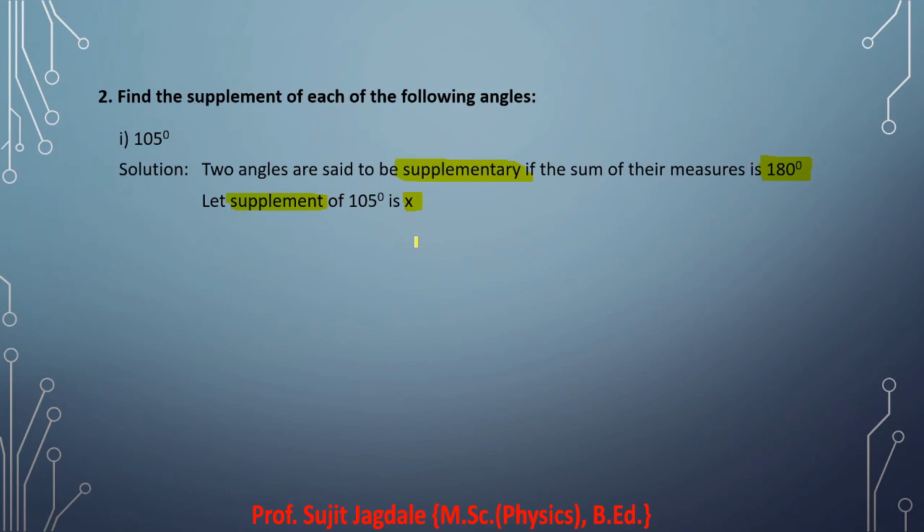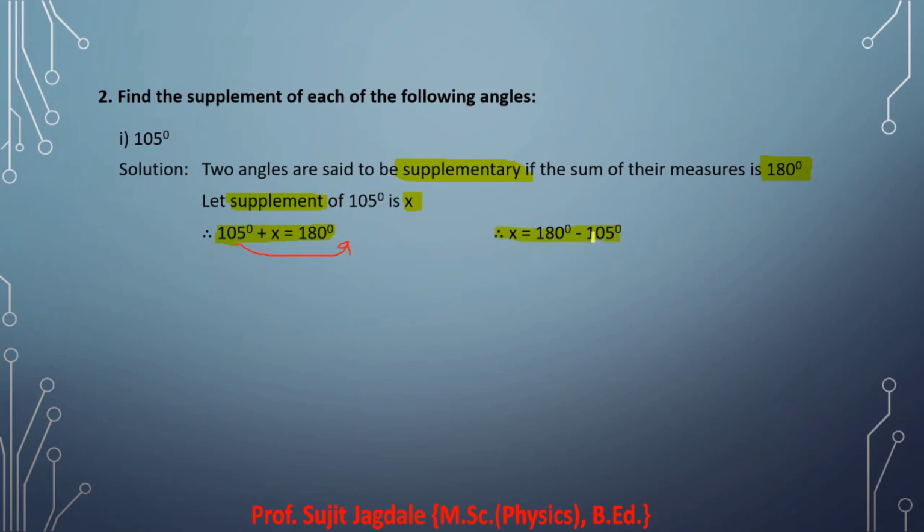That supplement is unknown, so we perform the addition: 105 degrees plus x equals 180 degrees. Now we transfer this 105 to the right hand side, where it becomes negative, and we get x equals 180 degrees minus 105 degrees.